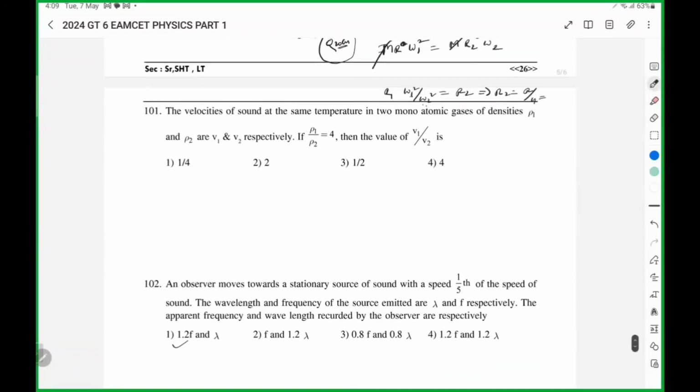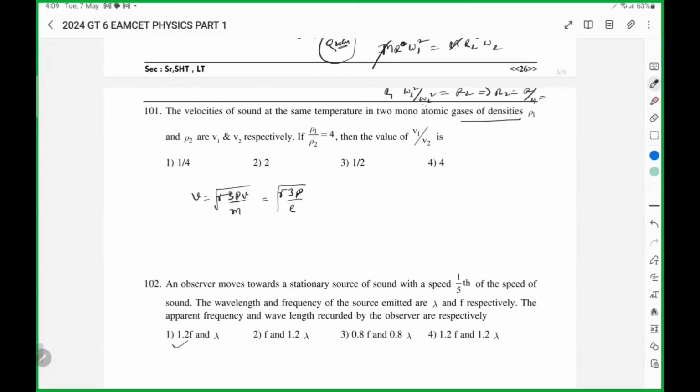Velocity of sound at the same temperature, of gases with densities in terms of density: v is root of 3P by rho, where mass by volume is density. In fact it's root of gamma P by rho.